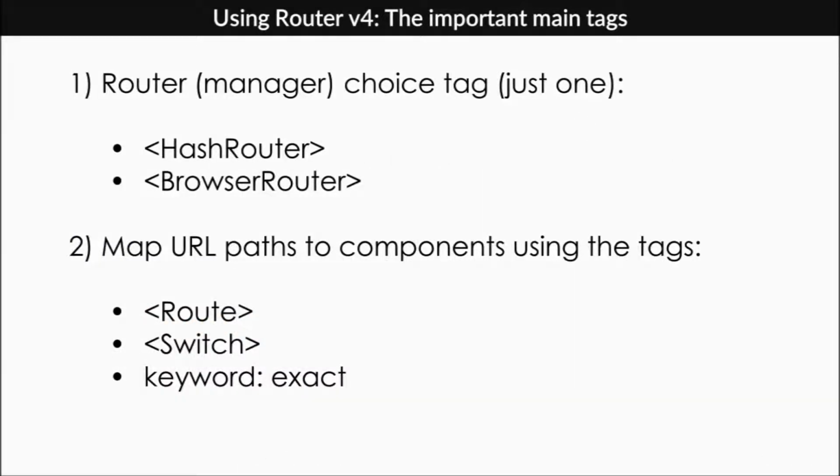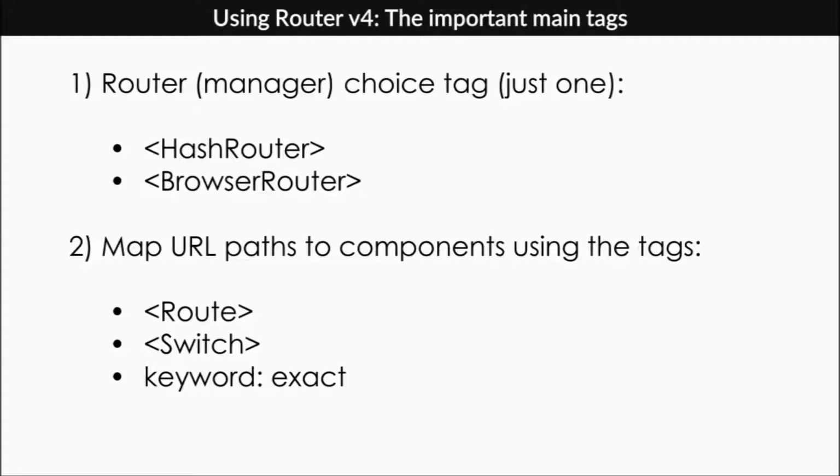So let's start talking some detail. When you start writing code, the React Router has a number of routers, and I've called them managers. That's not a term they use, but I'm going to call it that. It's essentially for handling history in different environments. And there's 2 that are of interest here, the hash router and the browser router.